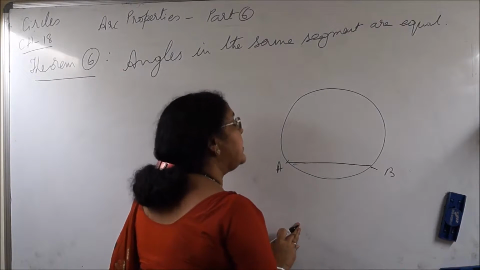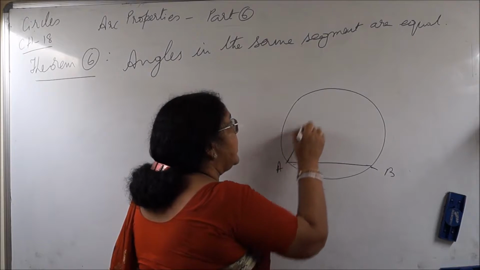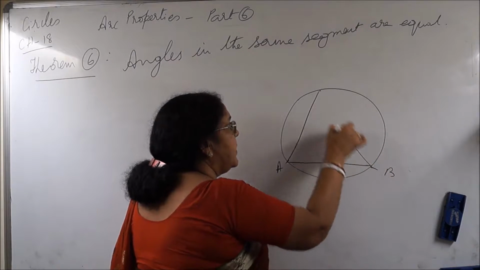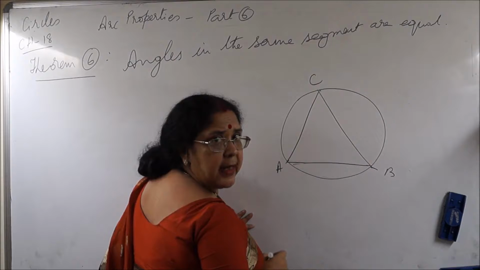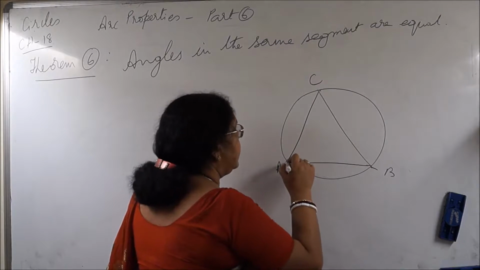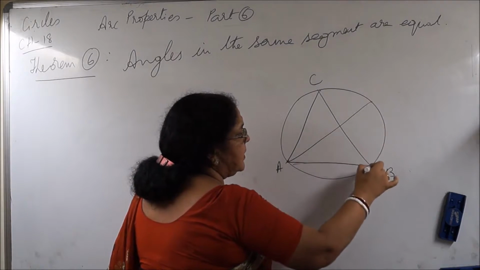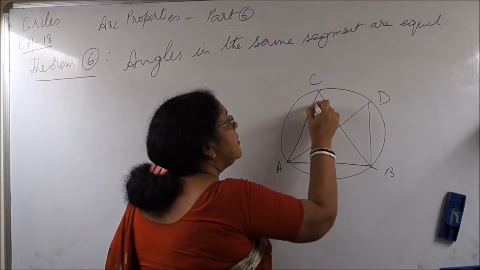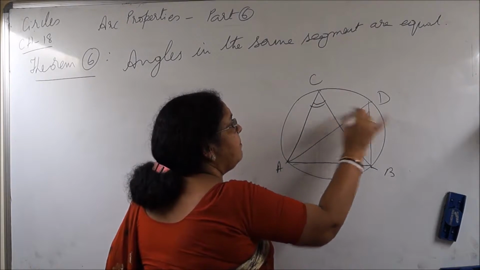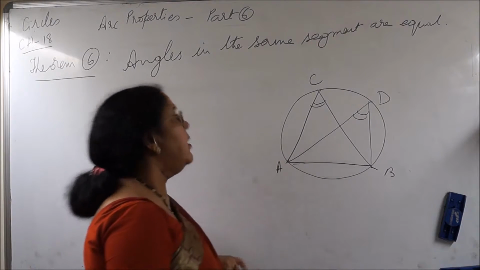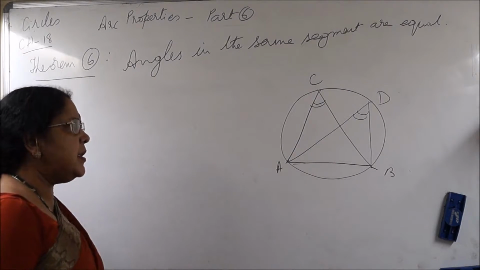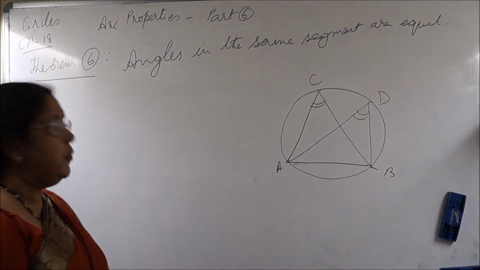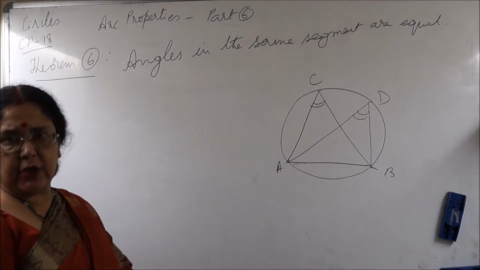Now angles in this segment means the angle subtended by the arc at a point C, and then another angle subtended by the arc at the point D. According to this theorem, these two angles will be equal. It is very easy to prove using our previous knowledge.